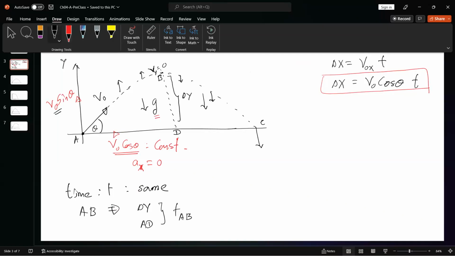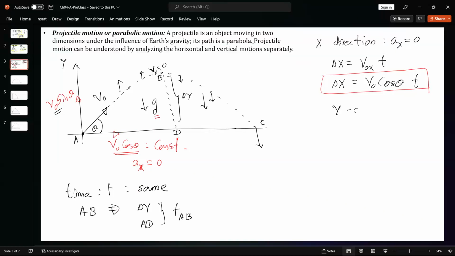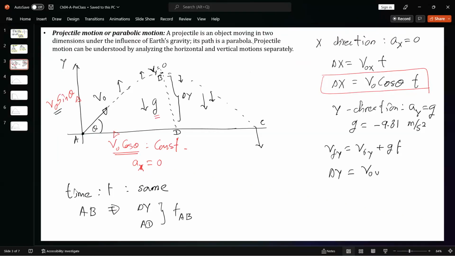However, if you look at the y-axis direction, on the other hand, the y direction acceleration becomes gravity. a_y is equal to g. g is always negative 9.81 meters per second squared. In the y-axis direction, I can apply all of these formulas because acceleration is there. So I can rewrite all of these equations: delta y equals v0y t plus g over 2 t to the power 2, and v final y squared is equal to v initial y squared plus 2g delta y.